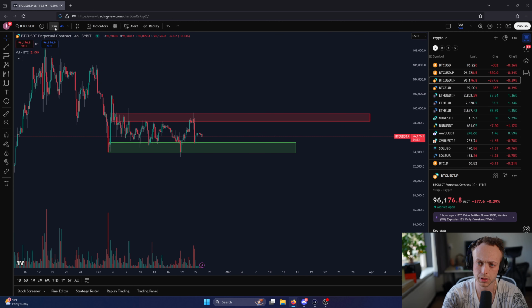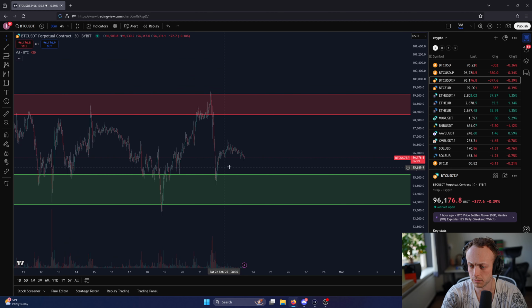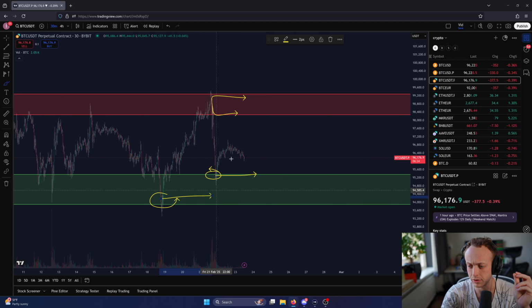So let's zoom in a little bit more. There's some nice liquidity right here, also right here, and also here. So interested in a long, interested in a short.